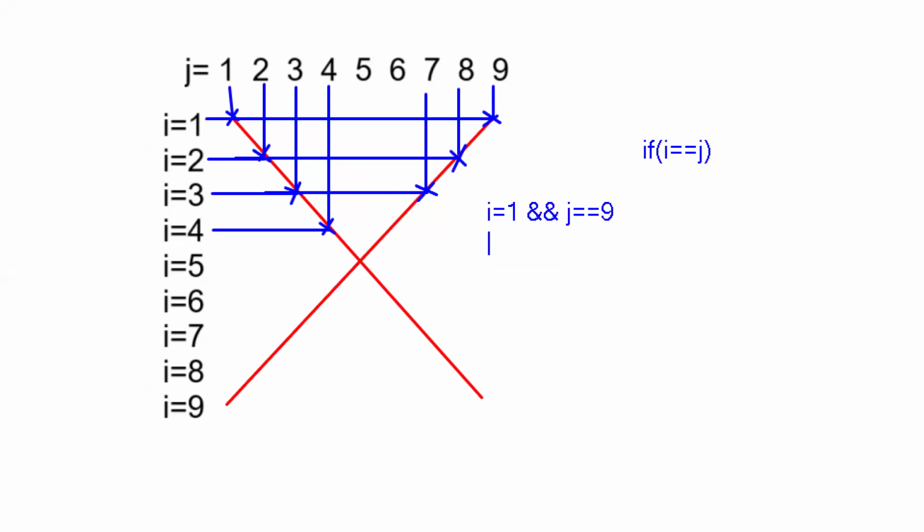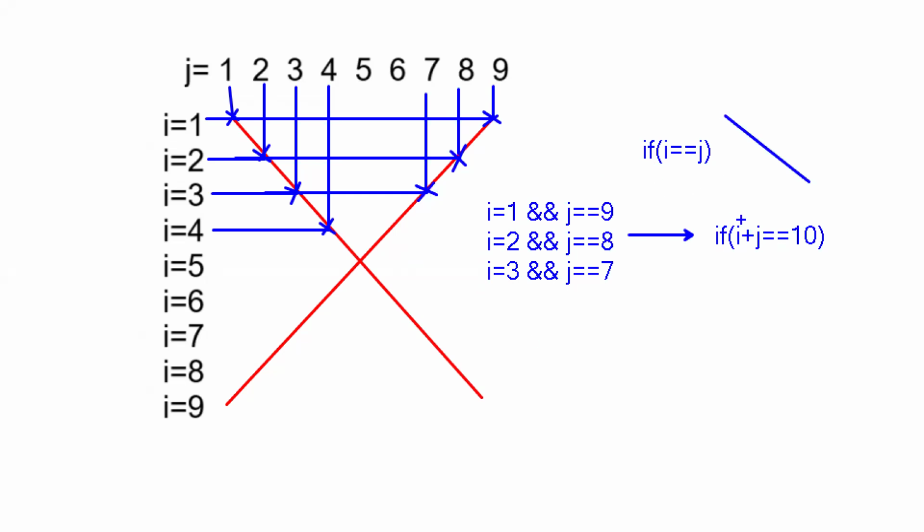If you observe this, 1 plus 9 is 10, 2 plus 8 is 10, 3 plus 7 is 10. According to this, if i plus j equals 10, then print this one. This slash is this one. Please write the logic first, then I'll show you the output.